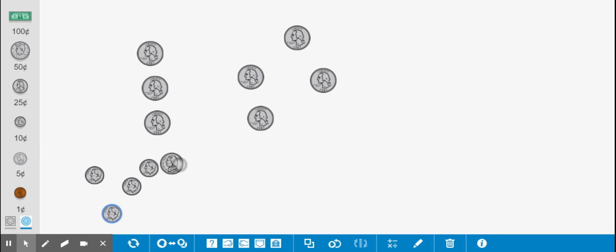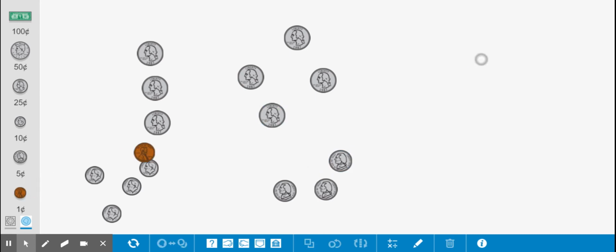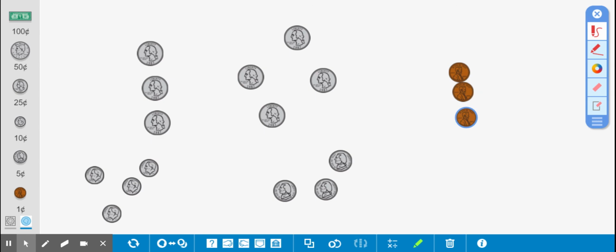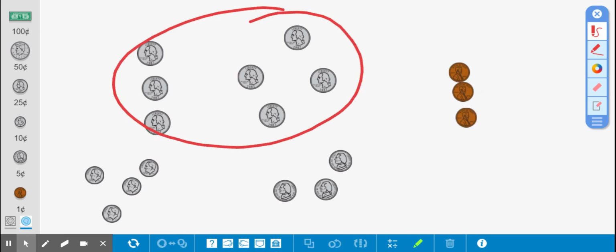We'll bring out 3 nickels, and we'll bring out 3 pennies. Okay, so I'm going to show you how I keep track of this in my head. I'm going to start with the largest coins. So in this case, I have my quarters, 25, 50, 75, $1, $1.25, $1.50, $1.75.